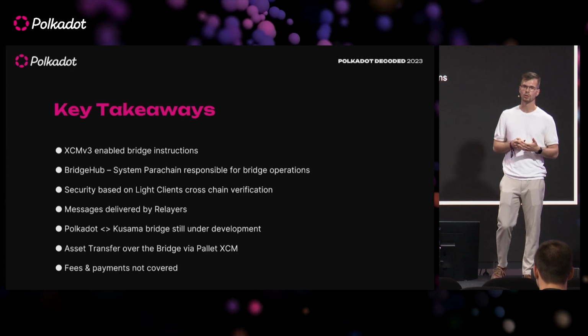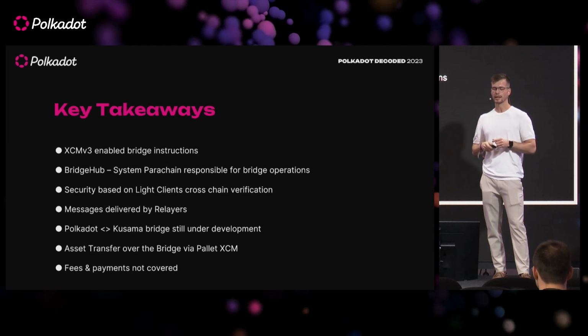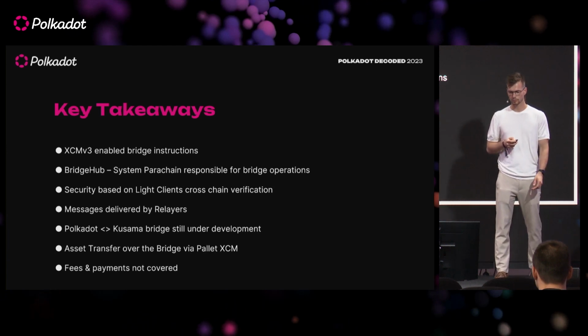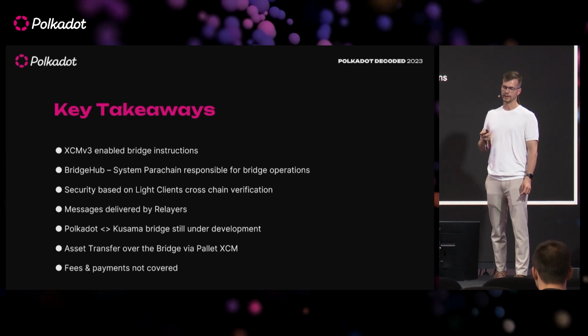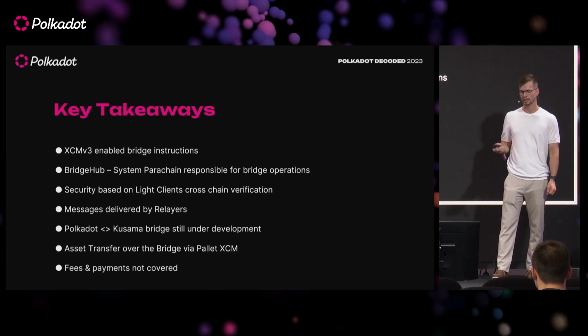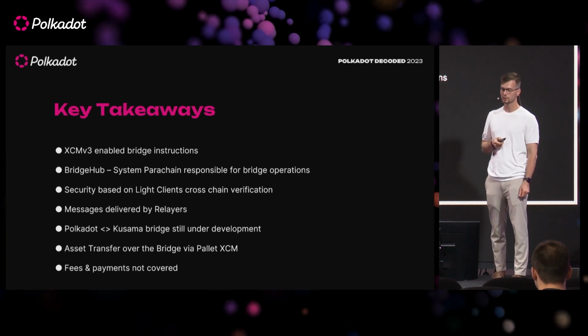It is responsible for preparing messages to be sent to the external consensus system. It is responsible for handling incoming messages, verifying them. So security on that bridge is based on light client cross-chain verification. So we use light clients to verify incoming messages from the external consensus system.